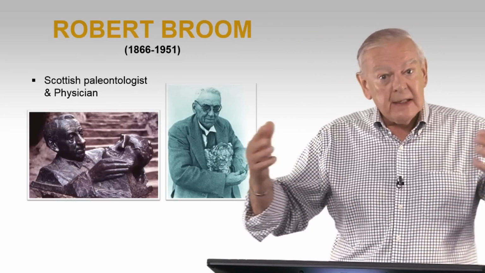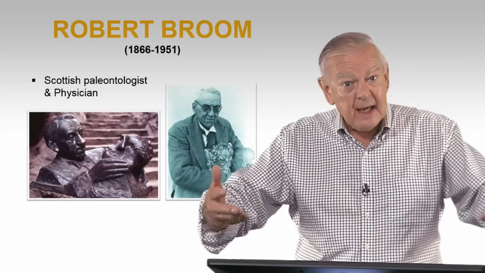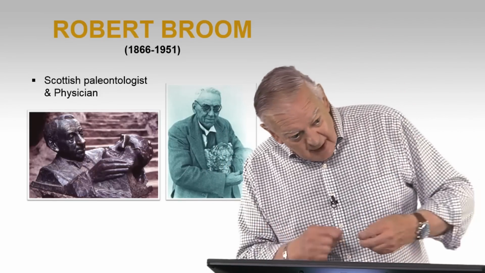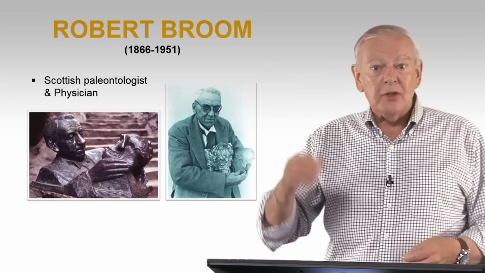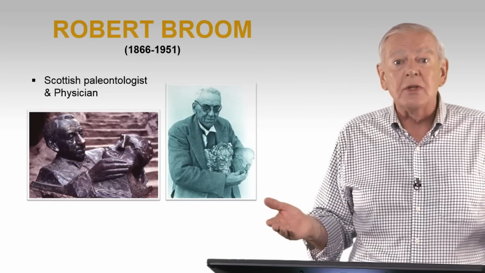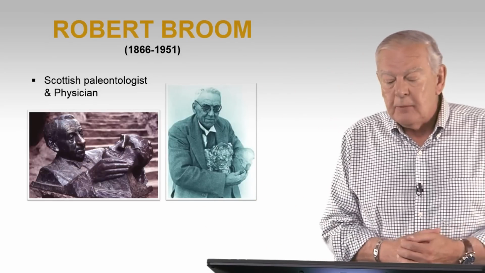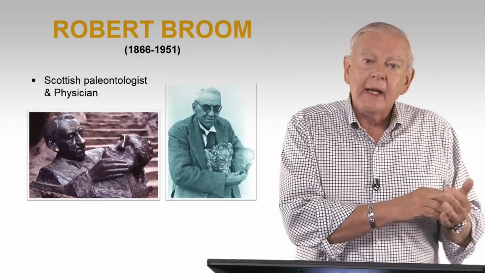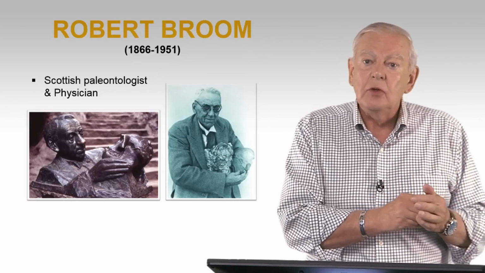And he'd try to get the curator to open the case to look at it, and the curator didn't want to do it. So Broom would just look through the glass and make the observations and publish it, and he turned out virtually always to be correct. And between his attending to sick people, he went out and started looking for new sites.